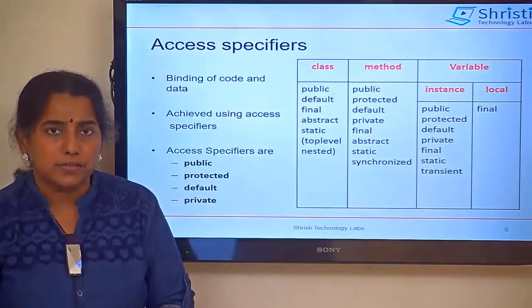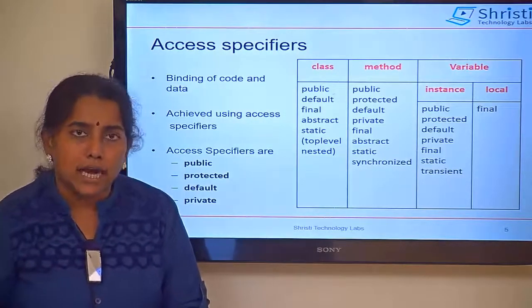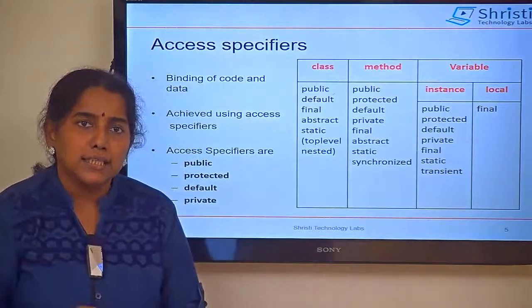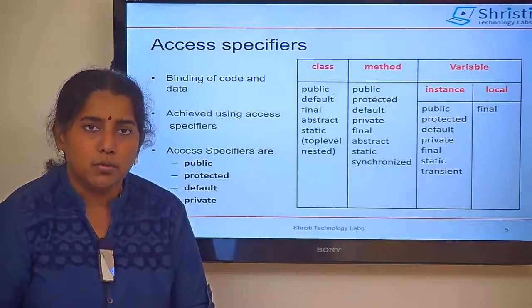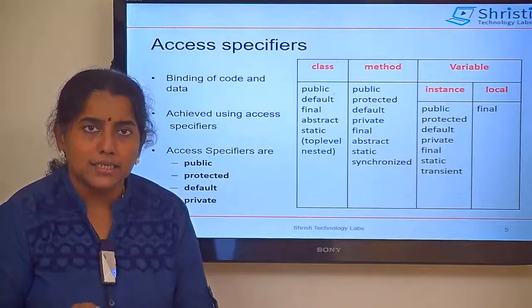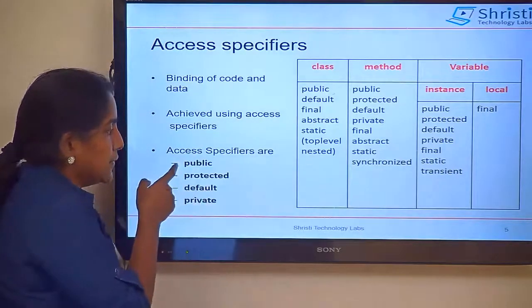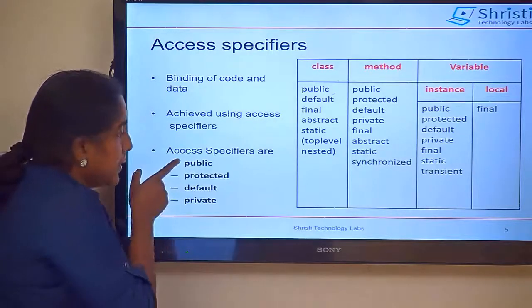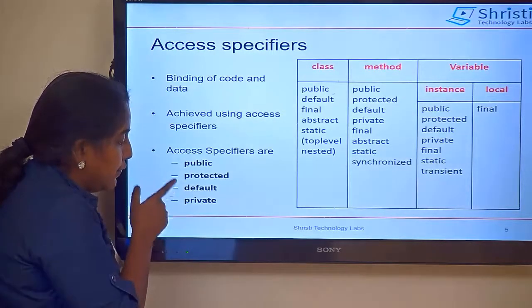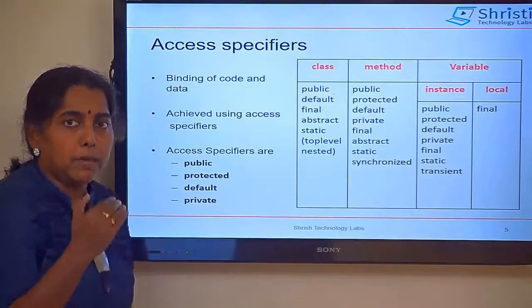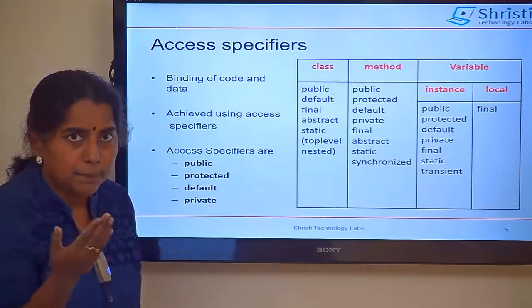Next is access specifiers. Encapsulation in Java is achieved with the help of access specifiers. Access specifiers define the scope for classes, methods and variables. Let me show you the access specifiers which we are going to discuss. Public, protected, default and private. You know the scope level. Public means it can be accessed everywhere.